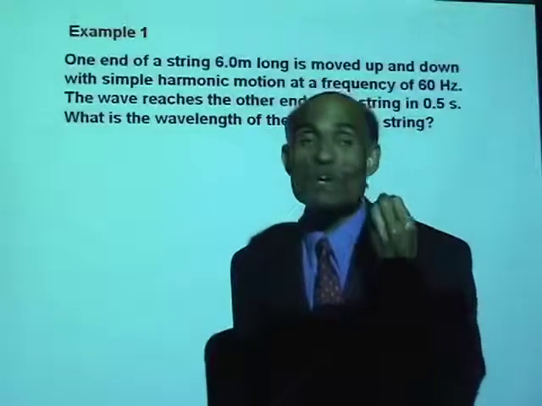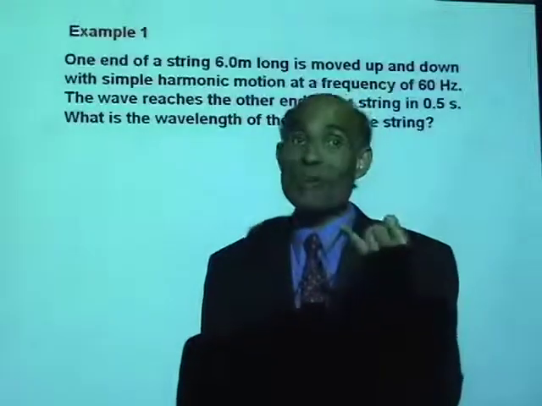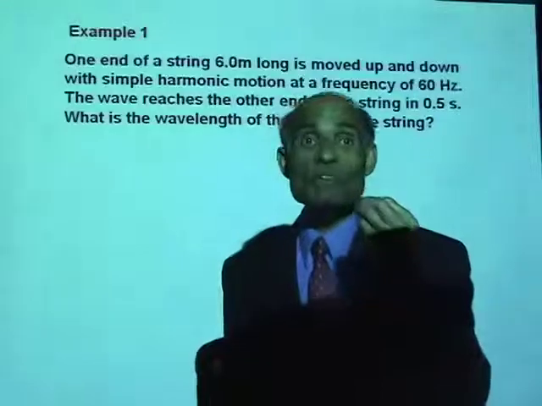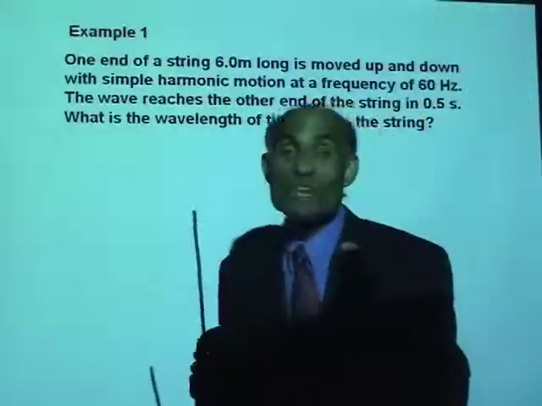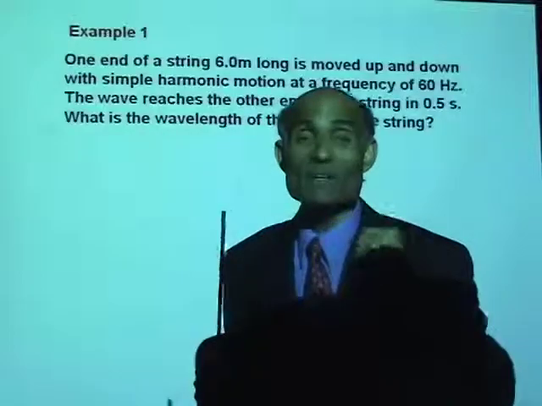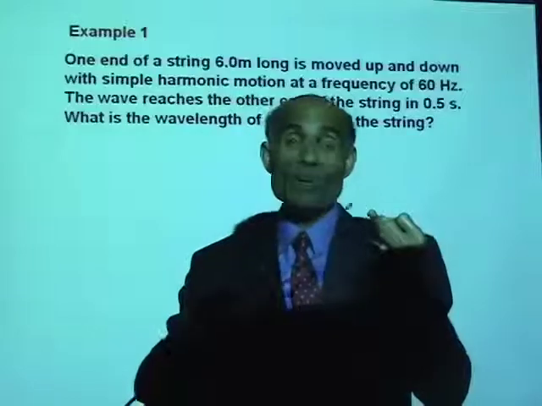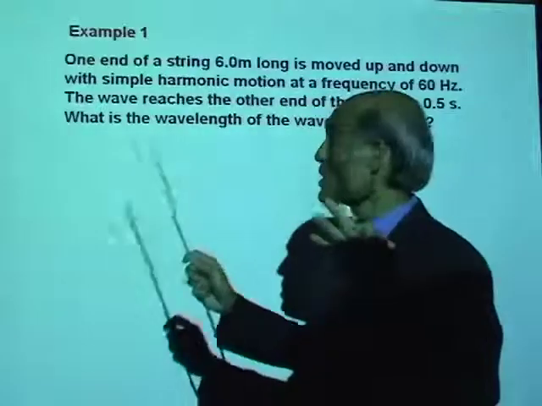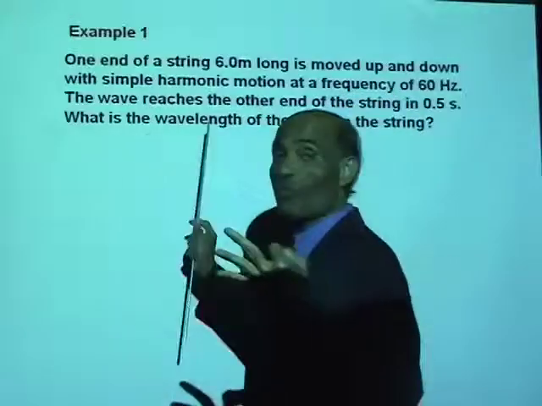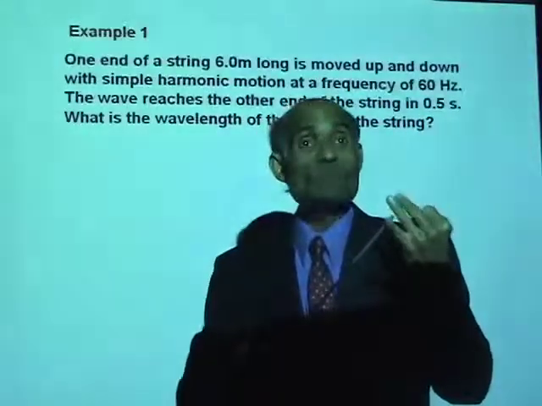Now, what is the equation which is relevant in here? If you want to find the wavelength, you need the frequency of the wave that is given to us. We also need the wave speed, because the wave equation connects the wave speed, wave frequency, and the wavelength. So, if you want to find the wavelength, I need the frequency and the wave speed.